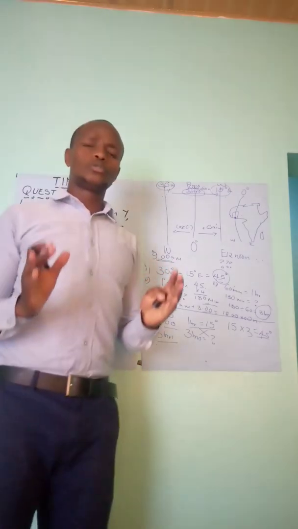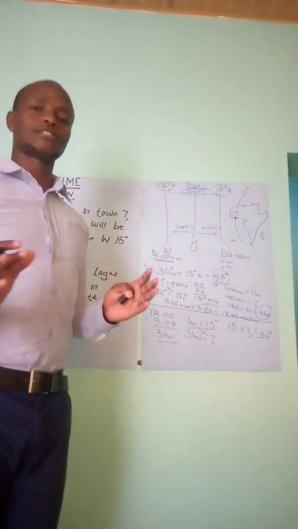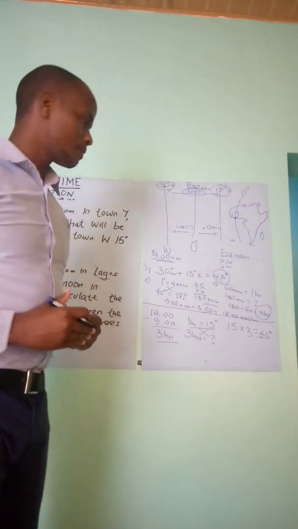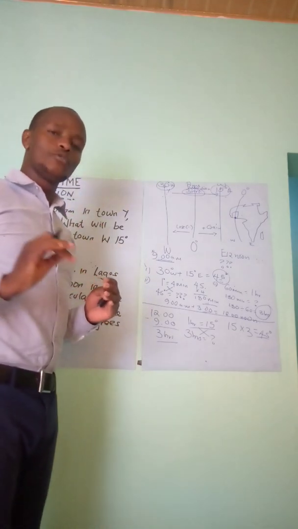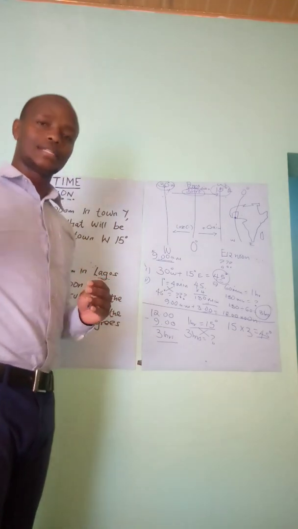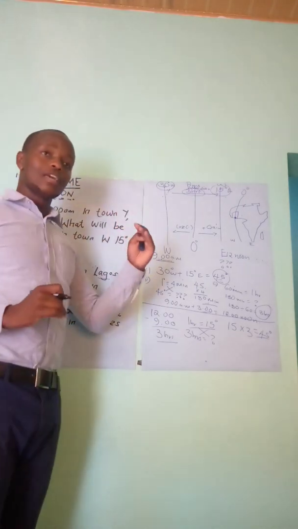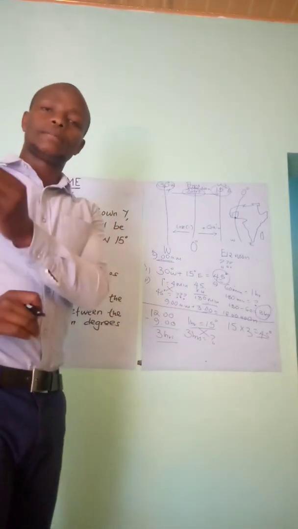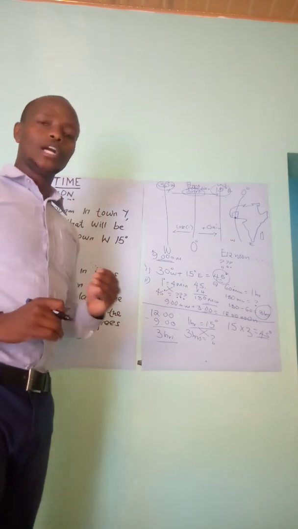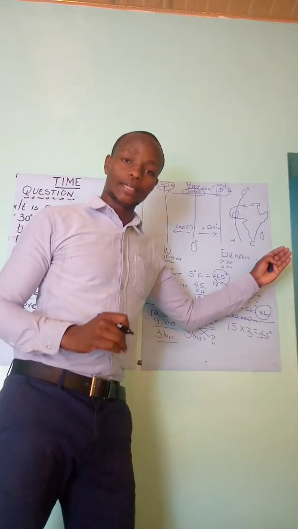As I come to the conclusion of my lesson, my dear viewers, it is important to understand a few things that I would wish to highlight. The first thing is that the prime meridian is used to calculate time. When we go east, we gain time.